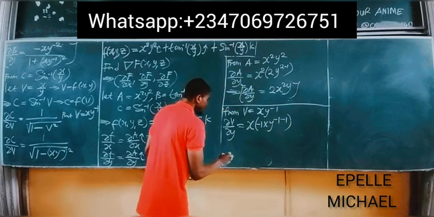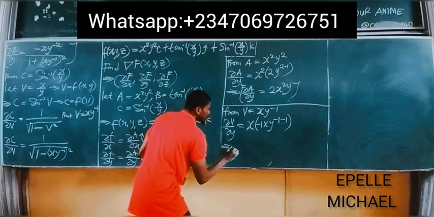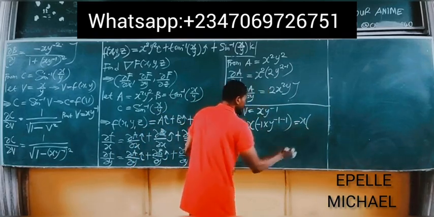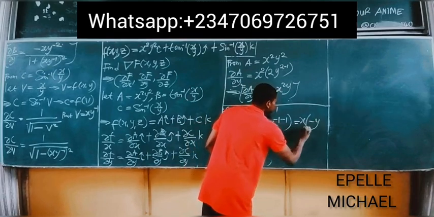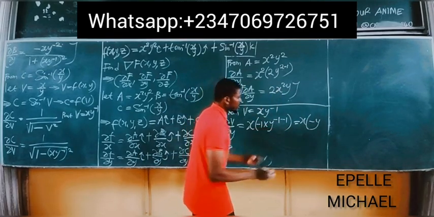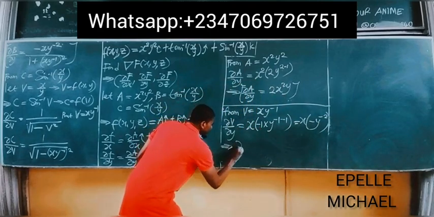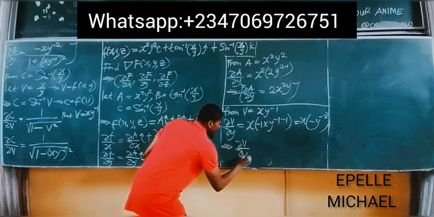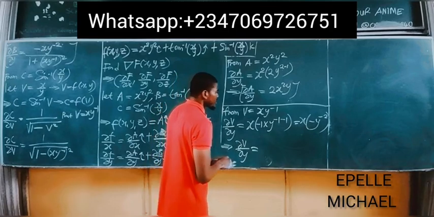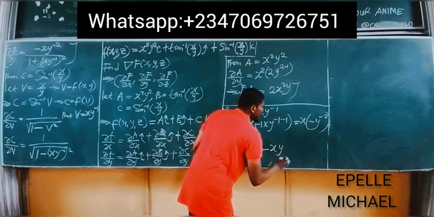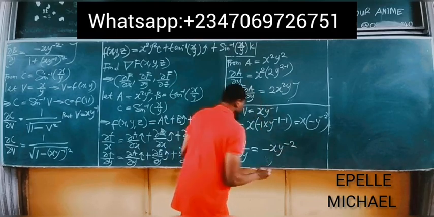So I have this. So this is actually x into minus y, then minus 1 minus 1 gives us minus 2. All right, so partial v over partial y is now equal to minus x y to the power of minus 2. So we have this.